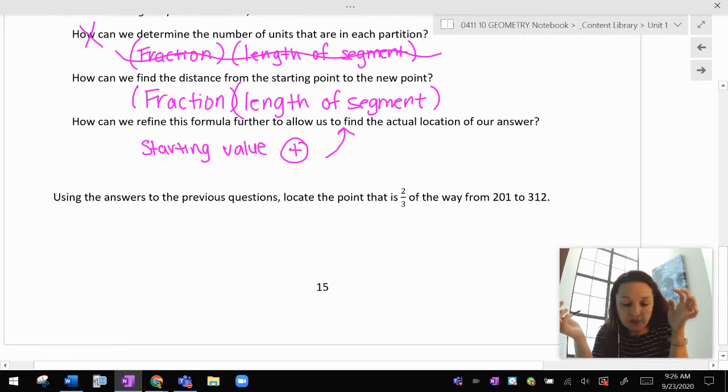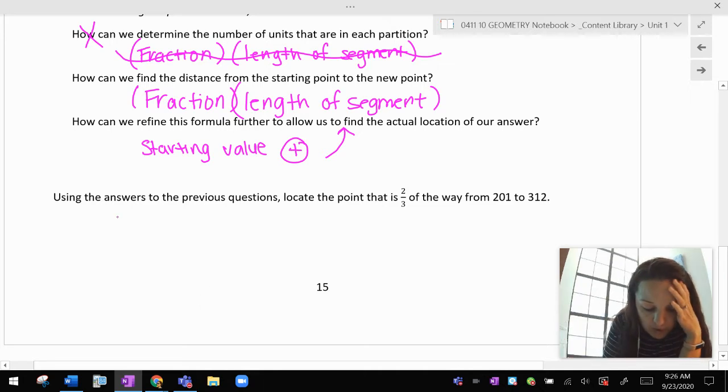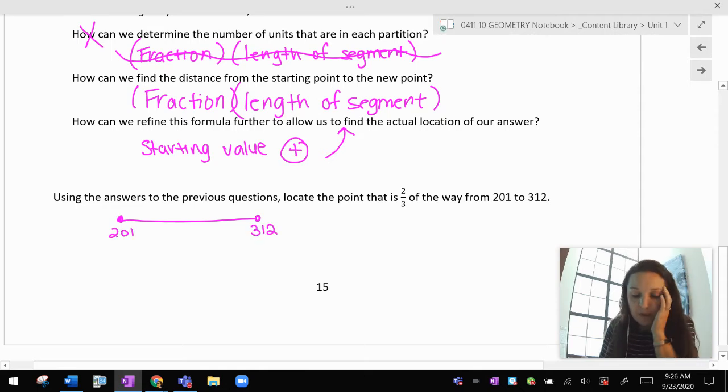It says, using the answers before, locate the point that's 2/3 the way from 201 to 312. So 201 to 312. If I want to go 2/3 of the way, that's about here. So I need 2/3 of that distance.